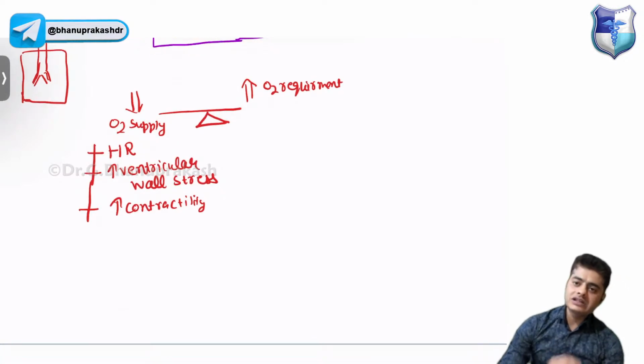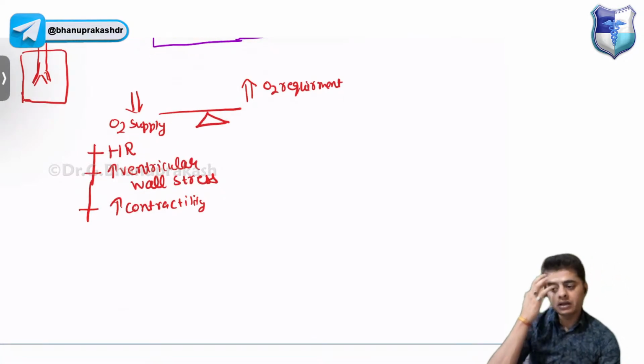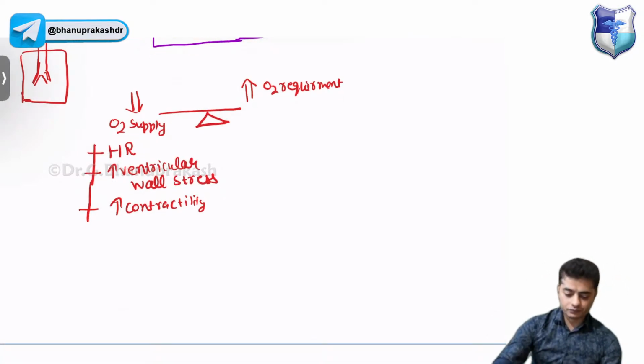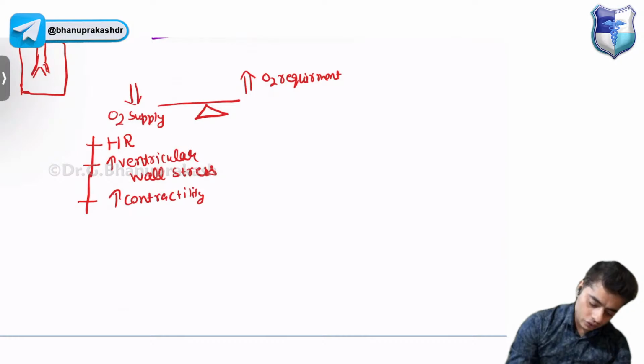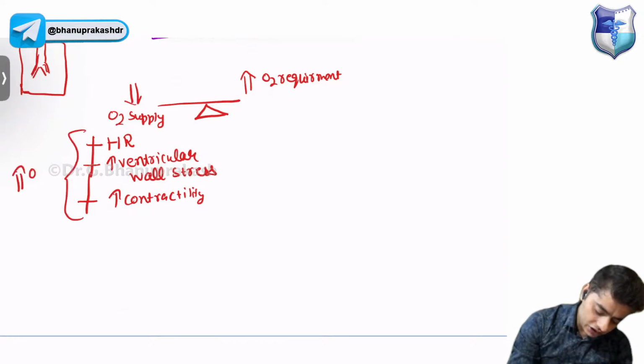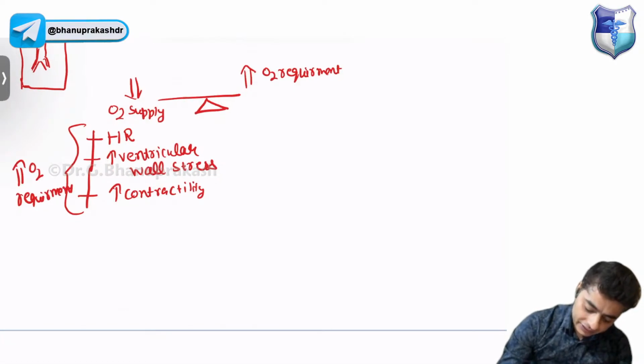Now we come to factors which lead to increase in oxygen requirement. All these factors lead to increase in oxygen requirement. Now we will study factors leading to decrease in oxygen supply.